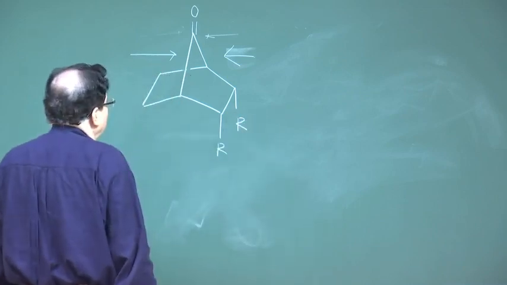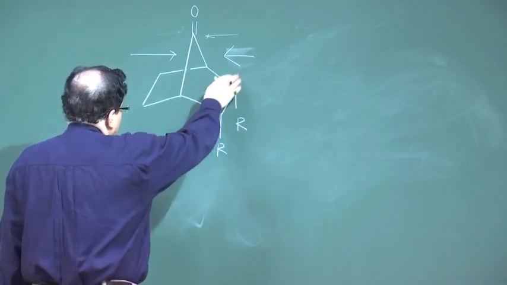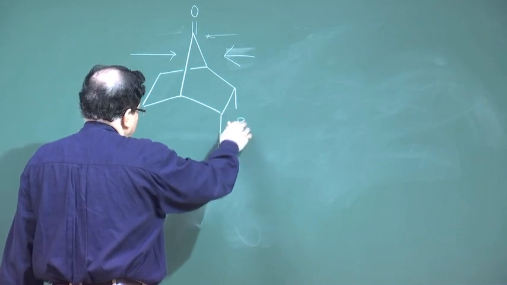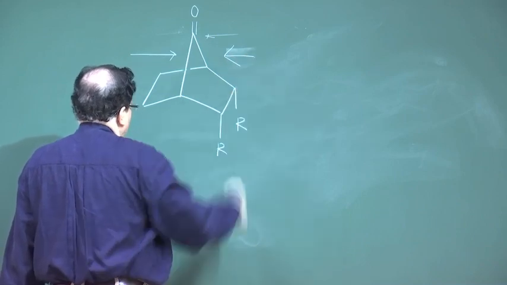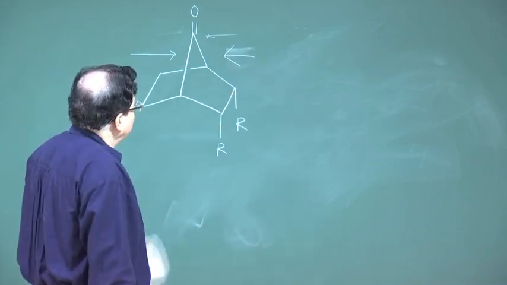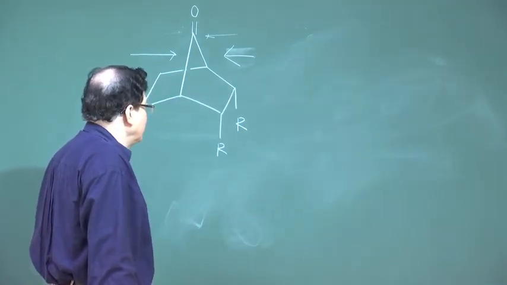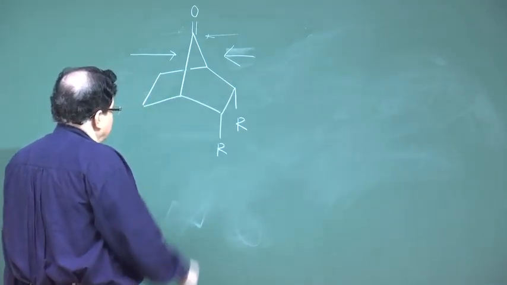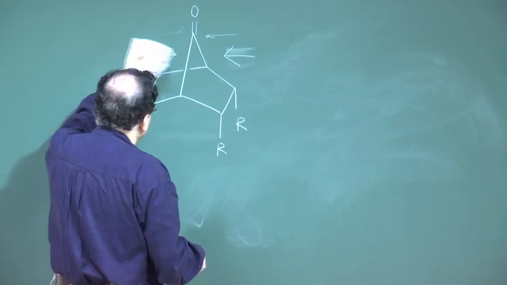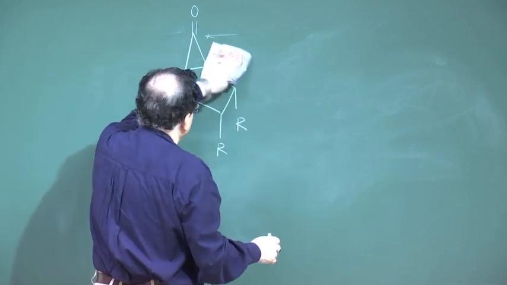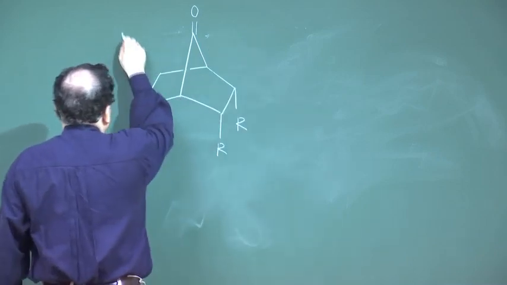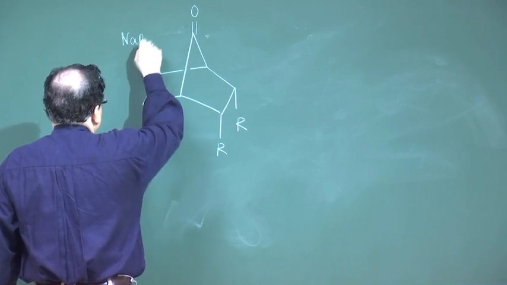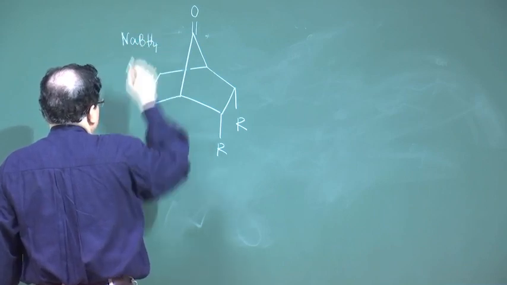Okay. Now, what happens, the faces' geometries are the same, because these R groups are not interfering with the faces, because they are pointing downwards. So, if the faces are identical, now the question is, first of all, if you do a sodium borohydride reduction, suppose, or a methyl lithium addition.